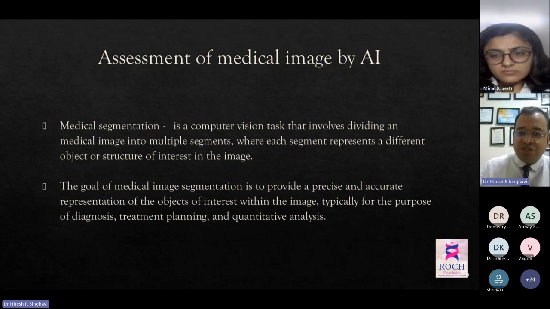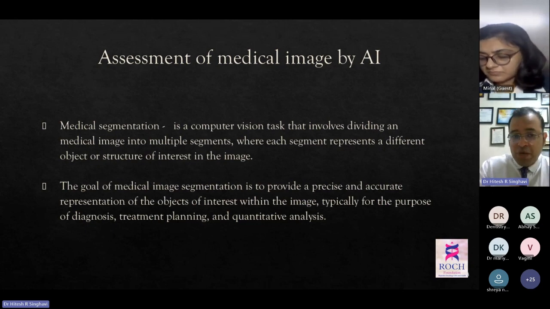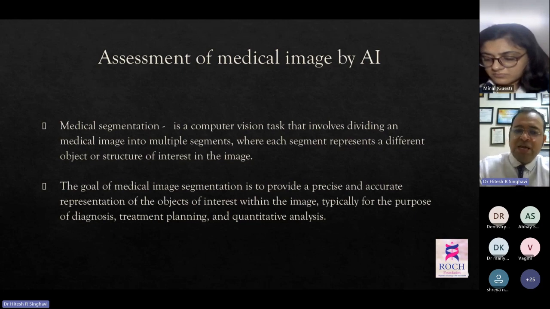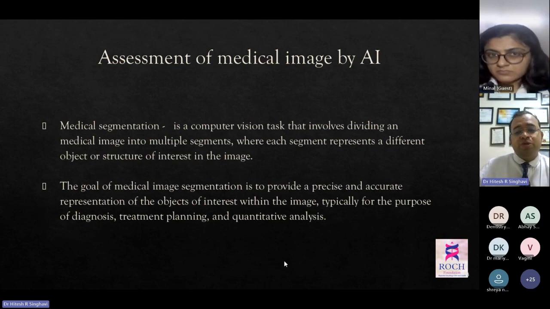It is a computer vision task that involves dividing a medical image into multiple segments, where each segment represents a different object or structure of interest in the image. The goal is to provide a precise and accurate representation of the object of interest within the image, typically for the purpose of diagnosis, treatment planning, and quantitative analysis.